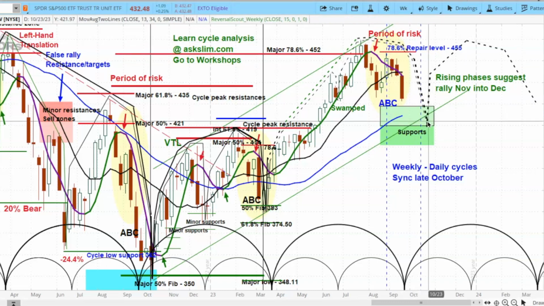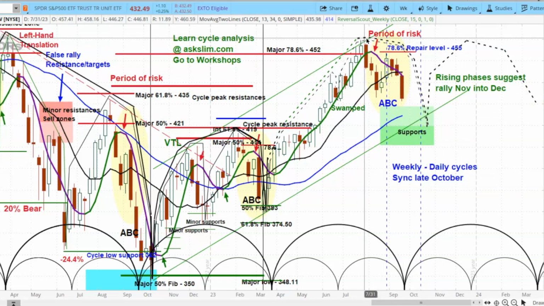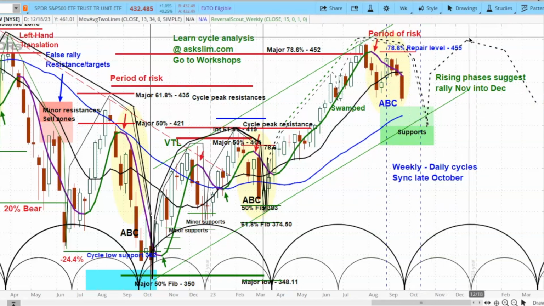Now, after this decline period is over, we get into these rising phases, as you can see right over here. And that tells you that after that's over, you're likely to get a rally. Now, the rally could get as high as the last high right there towards the end of the year.